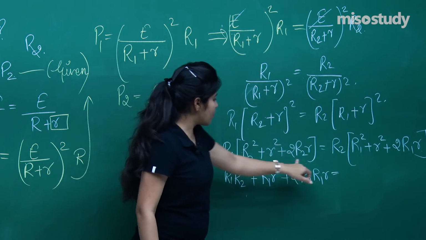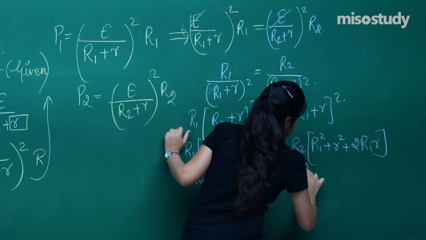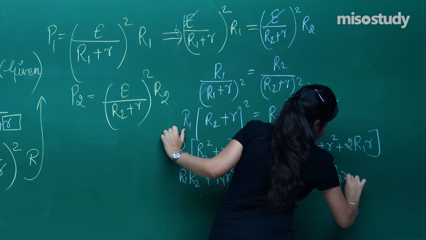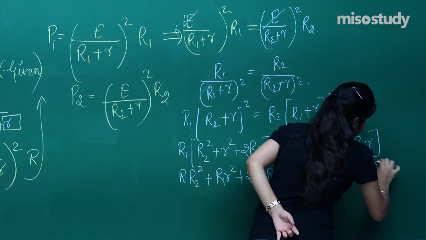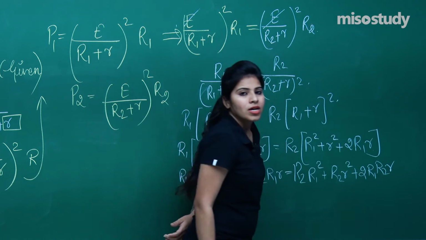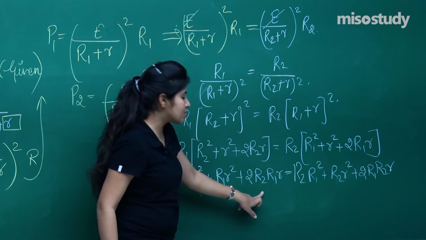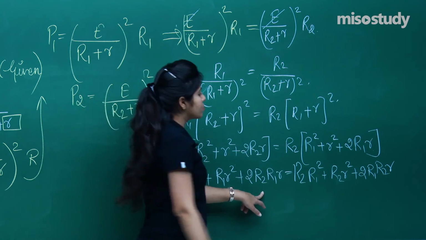Multiplying this R1 with R2 on opening this term, you will have R2 into R1 square plus R2 into r square plus 2 into R1 into R2 into r. Now what you can see over here, this term and this term are the same, so you can cancel them out.